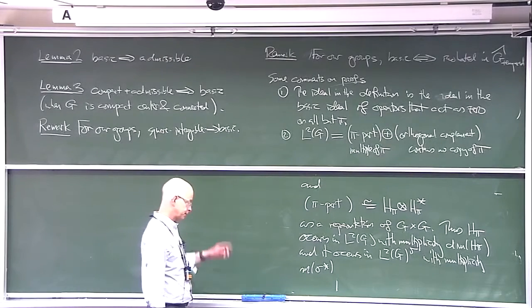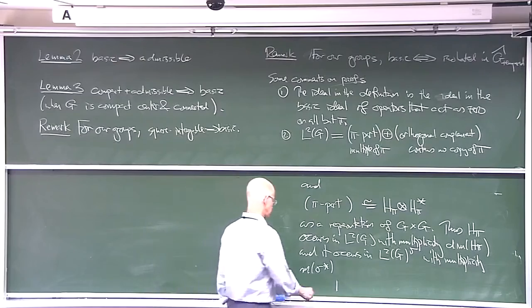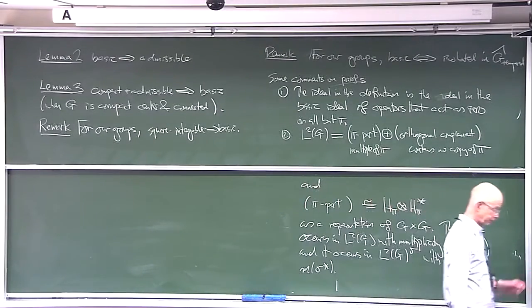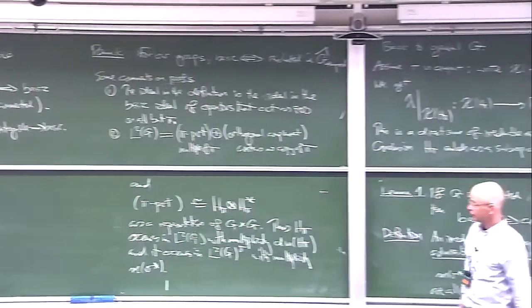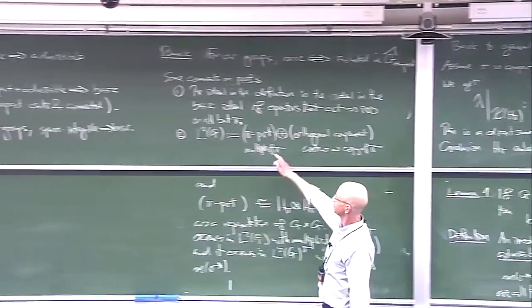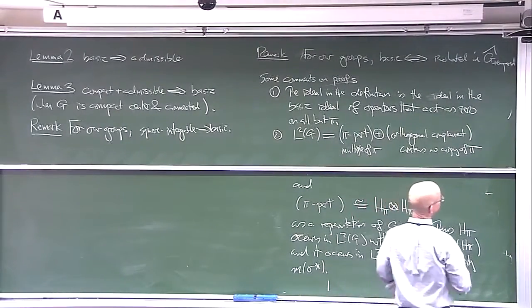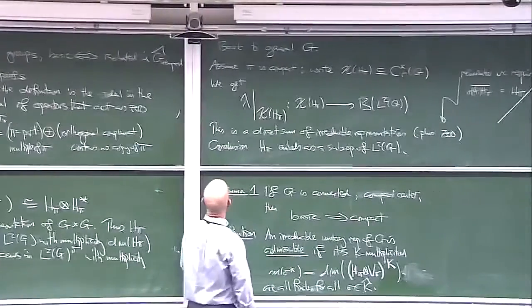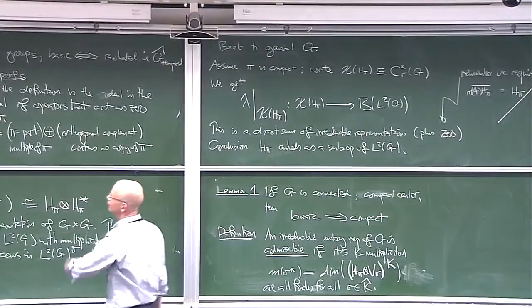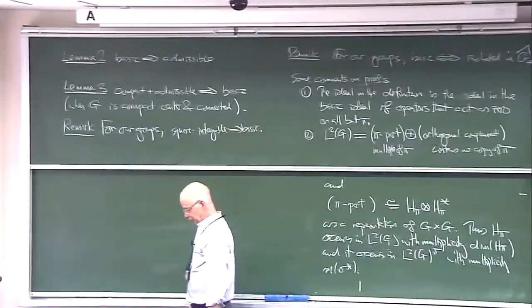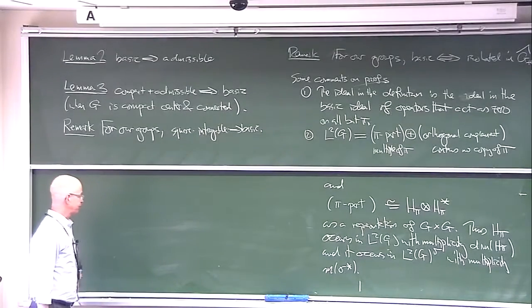Okay, oh no, take that back. But, one final but. We're trying to understand lemma 2, which is about admissibility. Did lemma 2 disappear? Oh no, it's still up there. And so I need to know that a basic representation is admissible.